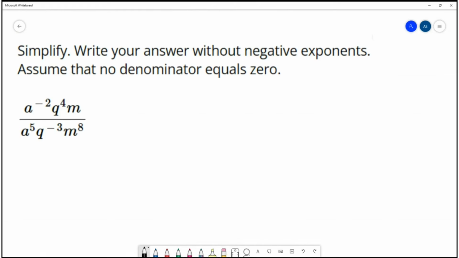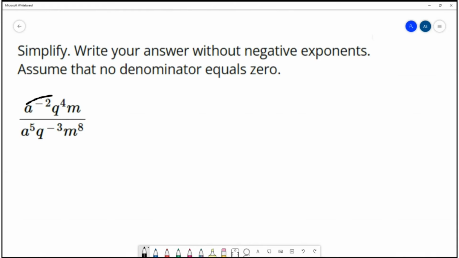To do that, you just need to move your factor to the opposite of where it is. If you have the factor in the numerator, move it to the denominator. If it's in the denominator, move it to the numerator. That's because having a negative in the exponent means reciprocal.